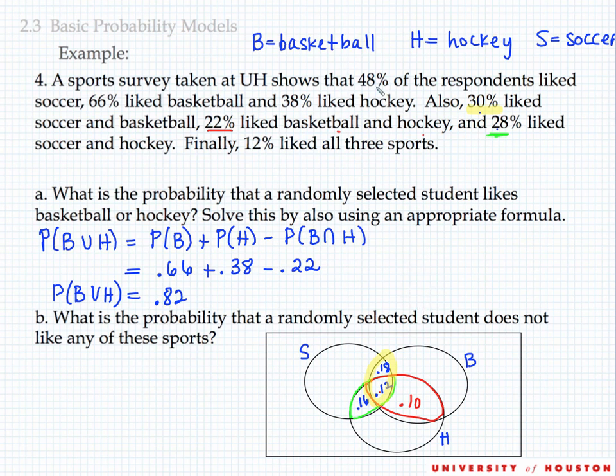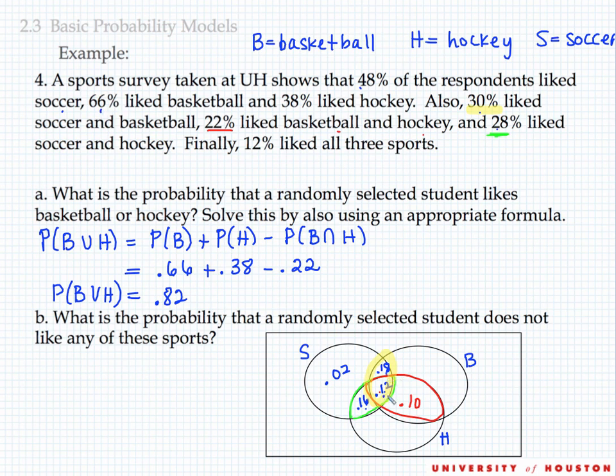Last, we need to do the individuals. So 48% total for soccer. So I'm looking at this entire circle for soccer. I have 18 plus 12 plus 16. That's going to be 46%. That leaves only 2% not covered. For basketball, we should have 66.